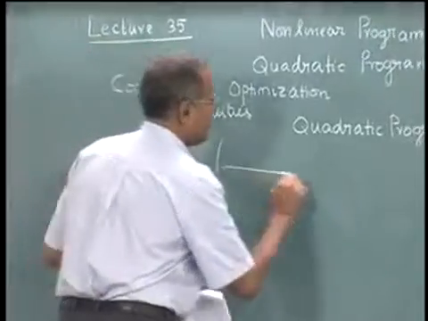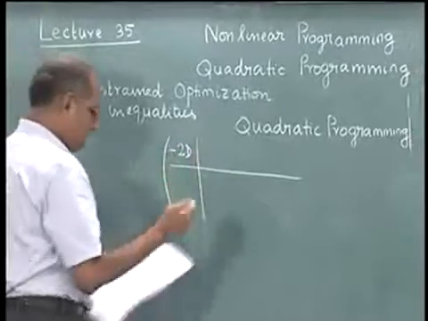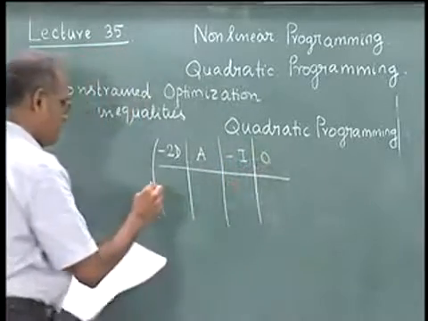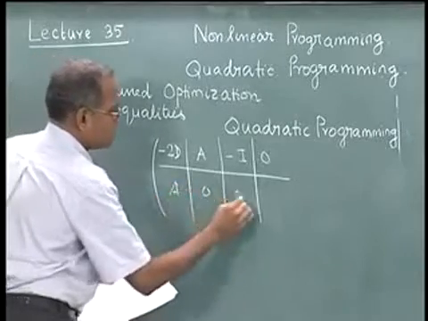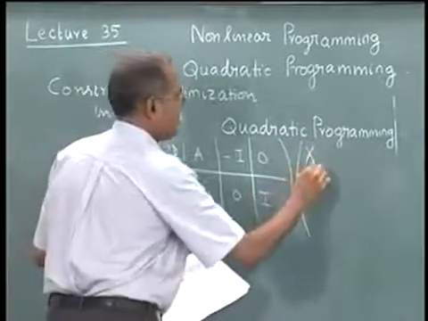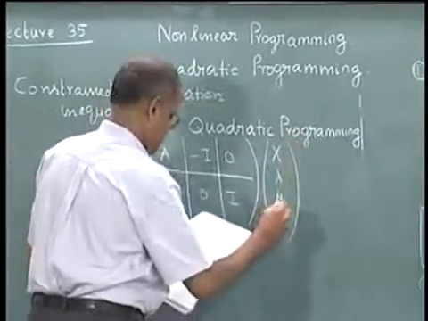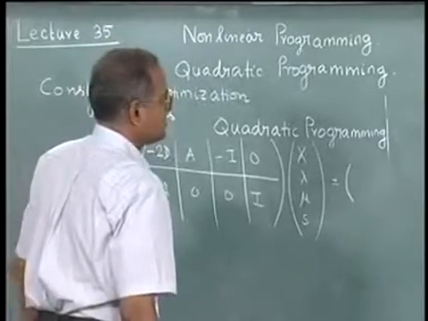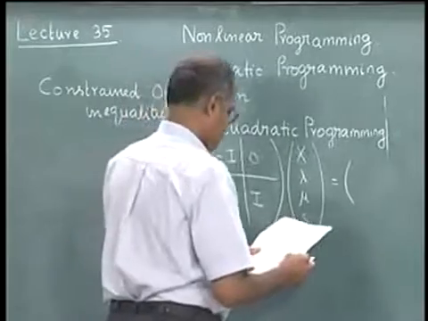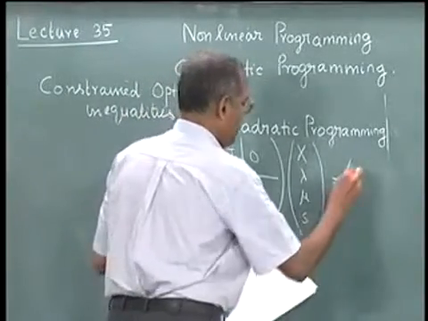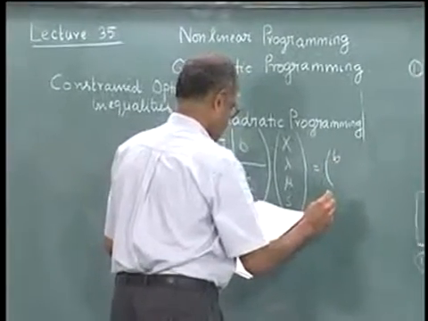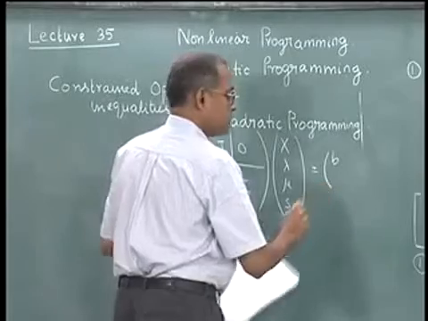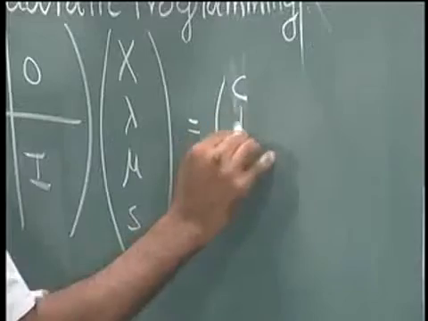So this can be written as the matrix with minus 2D, A transpose, minus I, 0; A, 0, 0, I; multiplying the vector x, lambda, mu, s, equal to the vector c, b and 0.